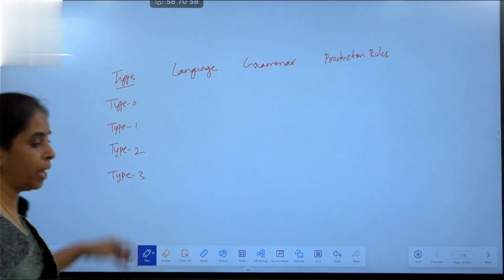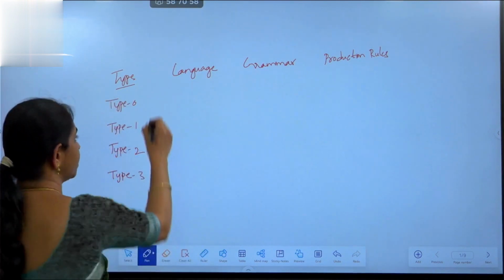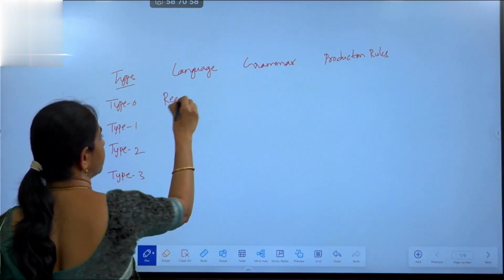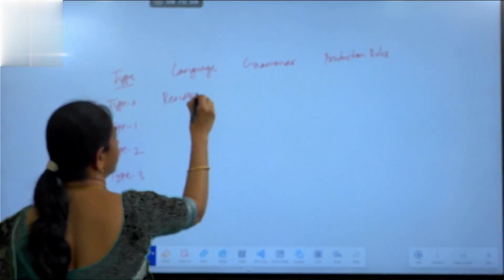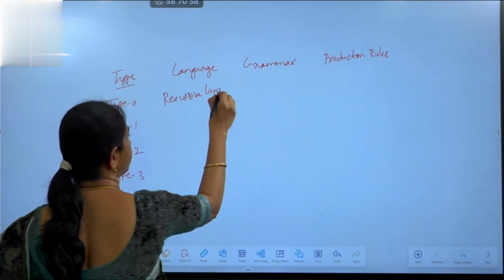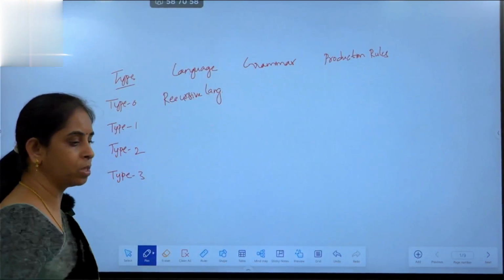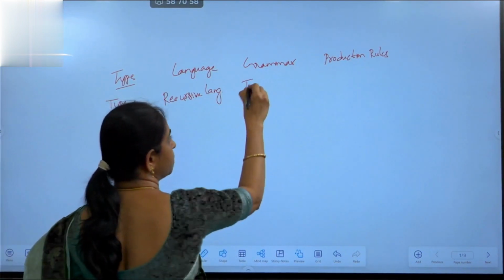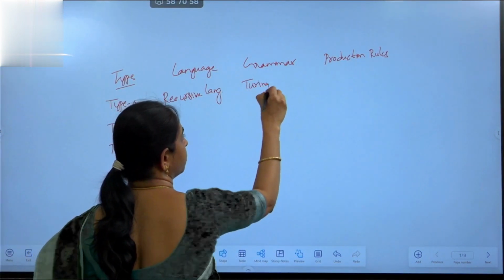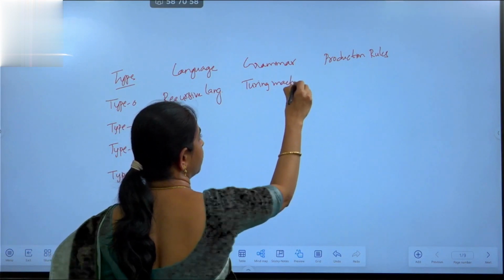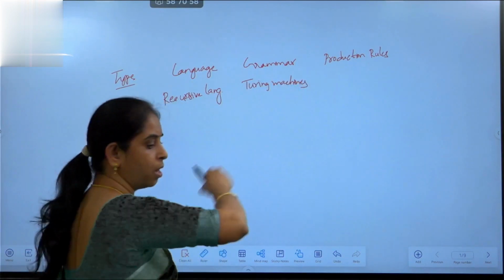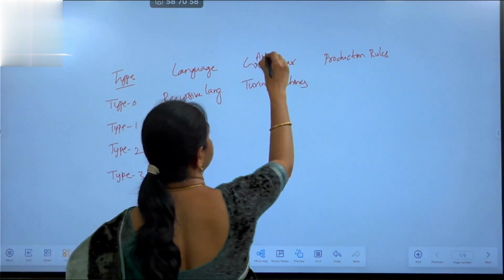Coming to type 0, the language is called the recursively enumerable language. The grammar we use here is the Turing machine, which we also call the automata.